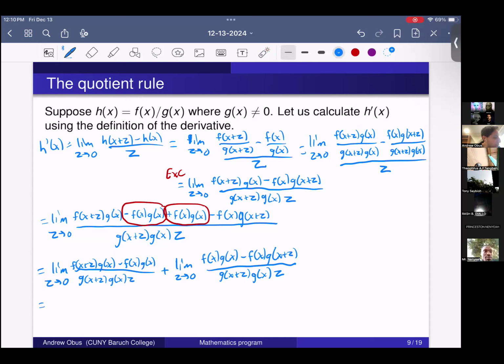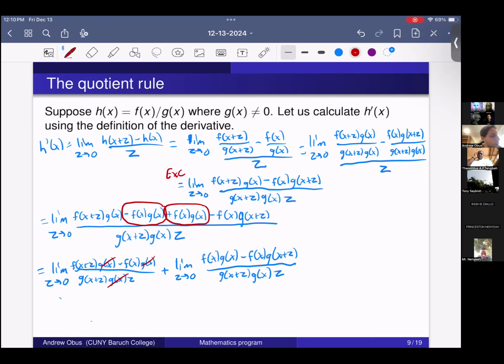So this is equal to g of x times the limit as z approaches 0 of f of x plus z minus f of x over g of, let me even change that. This is even better. So in this one, I can just cancel out g of x from the numerator and the denominator.